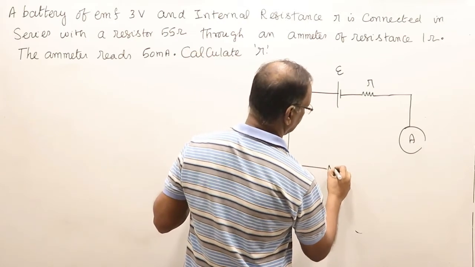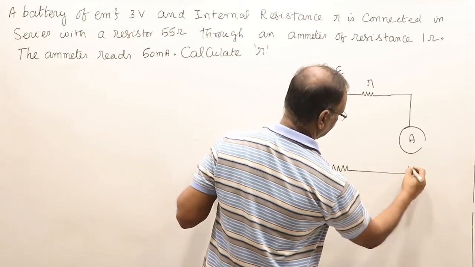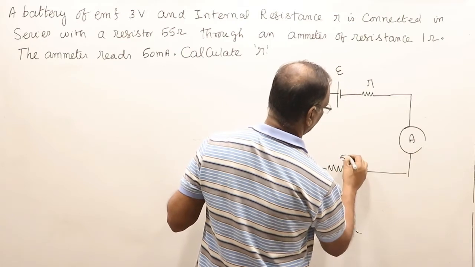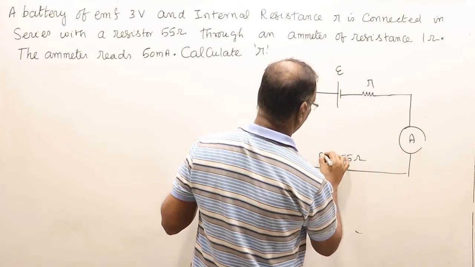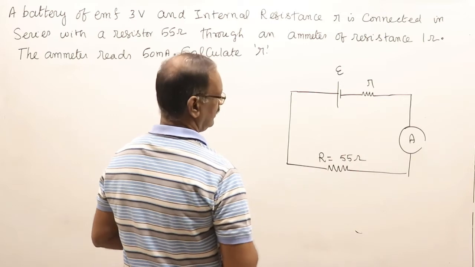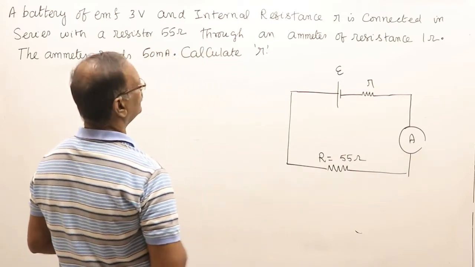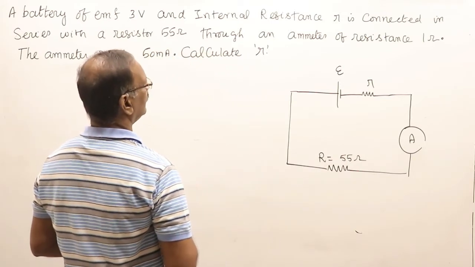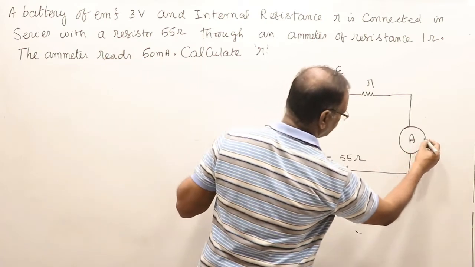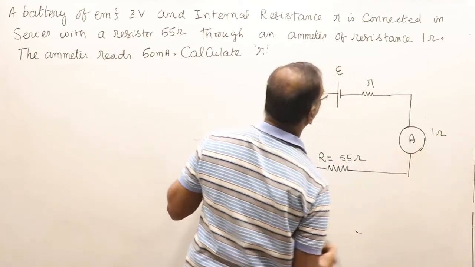It means the external resistor is equal to 55 ohm, that is R. The ammeter has got a resistance of 1 ohm.